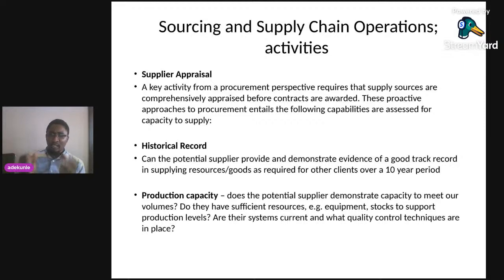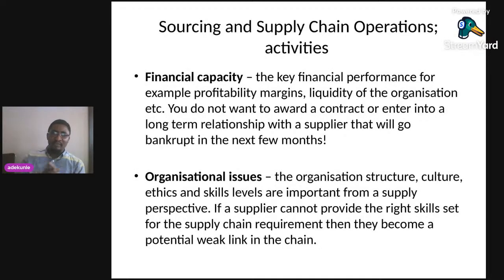You want to look at your production capacity, either potential or existing, what is your capacity to deliver to meet your volume, your quantity. And if they have the capacity, you want to know how sufficient are the resources they have within the environment, for example, the equipment they have to support production and the rest. All this you want to know as an activity in sourcing, identifying and also developing.